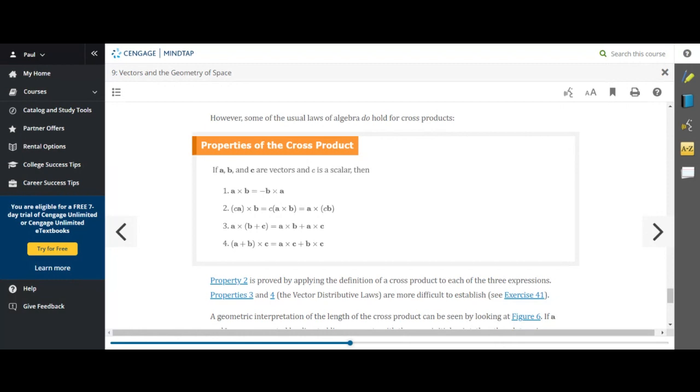The constant doesn't change the direction at all. It will change the magnitude, or the length, of your cross product vector, but it won't change the direction of it. And then you have a couple other rules here that are kind of natural, and I'm going to move on from there.